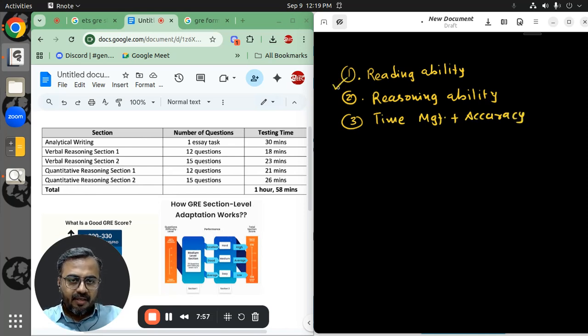So reading ability: if you have to read the question many times and then you understand what to do, that means you're not keen with your reading. You have to first improve that. Second, once you read the question, the entire mapping of the question should be very, very clear in your head in the first reading itself. And then you have to decide the proper reasoning to get the right answer.